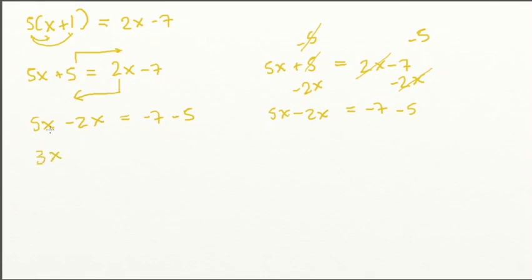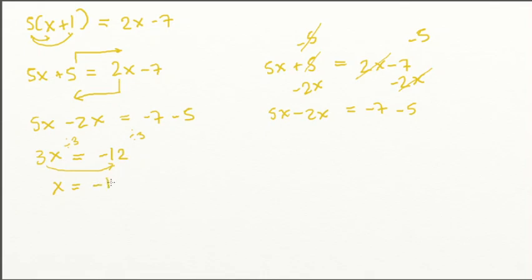If we do 5 minus 2, we get 3, so this is 3x, and 7 and 5, that's going to give us 12, but negative, because both of them are negative. So for x, I would have to divide by 3 on both sides. That's one way of looking at it. Or the 3 will be thrown to the other side, dividing.